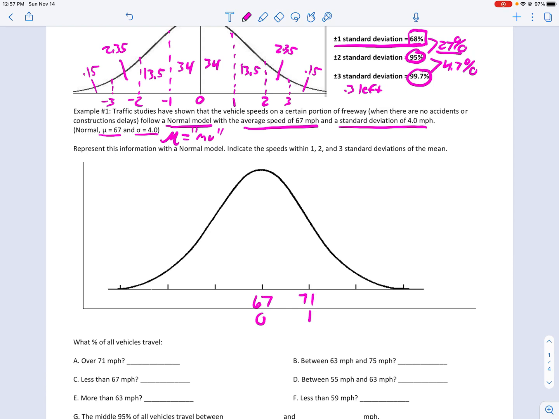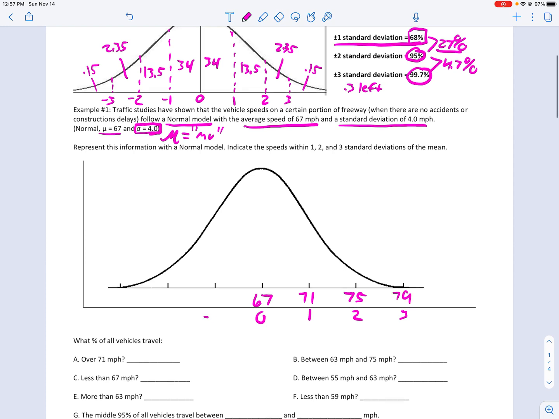Why 71? Because the standard deviation is 4. At 2 standard deviations above the mean, you'd be at 75. At 3, you'd be at 79.